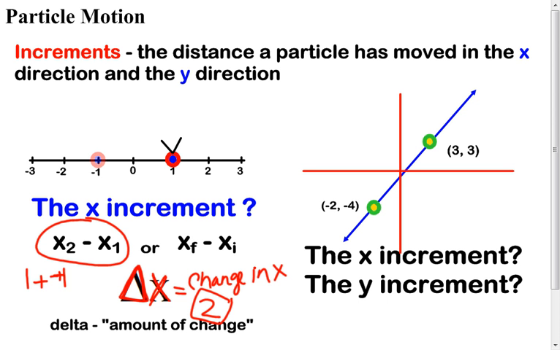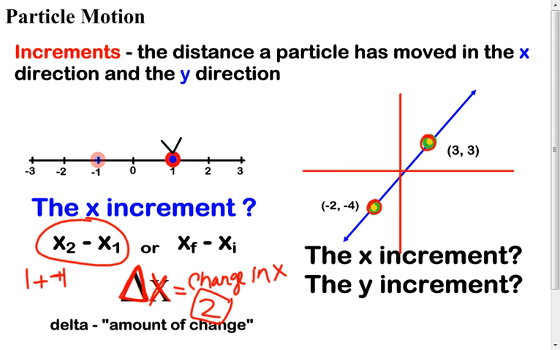Then when you move to the right part over here, you're basically finding slope. That's what you're doing. But if I need to figure out how this particle moved to get here, it can't just move up and down, and it can't just move right and left. It has to move up and down and right and left.